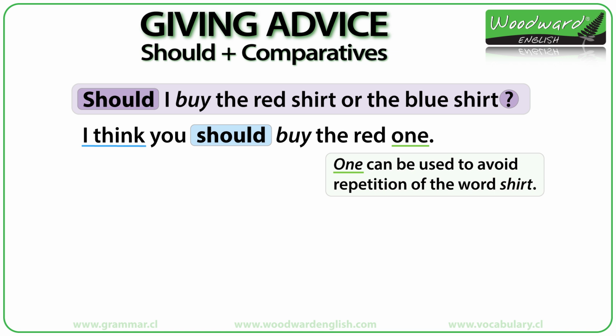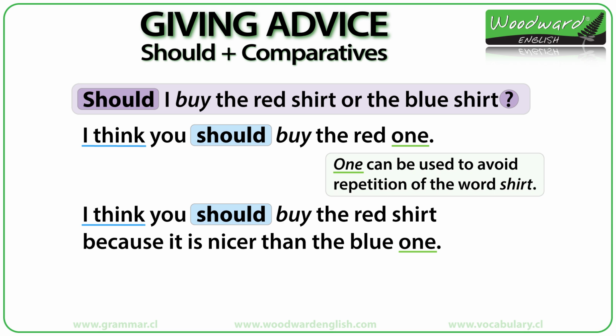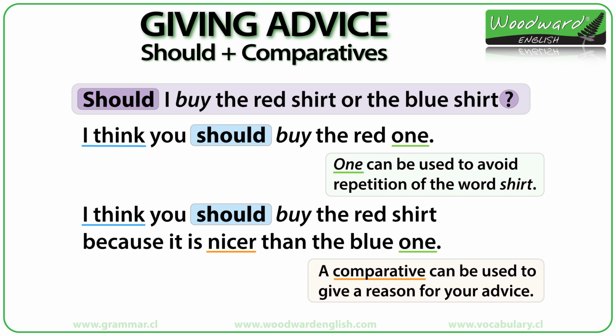Now let's give a reason why you think the person should buy a red shirt. You can sometimes do this by using a comparative. For example, I think you should buy the red shirt because it is nicer than the blue one. Nicer is a comparative adjective.